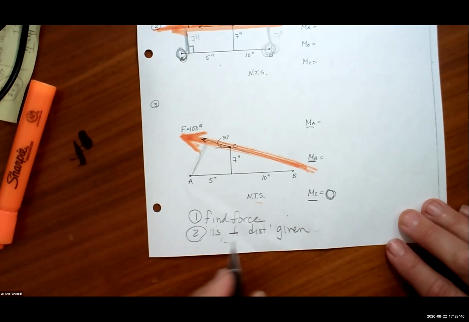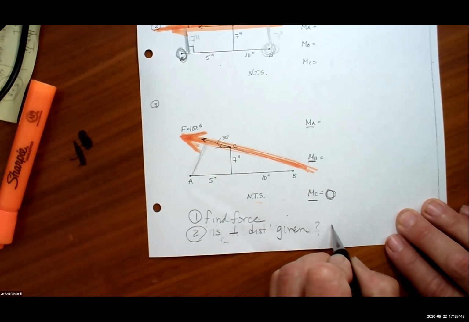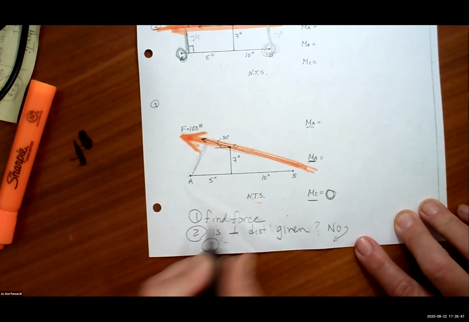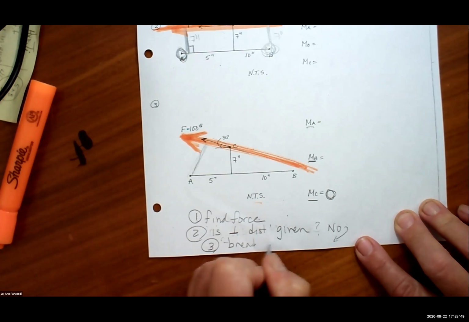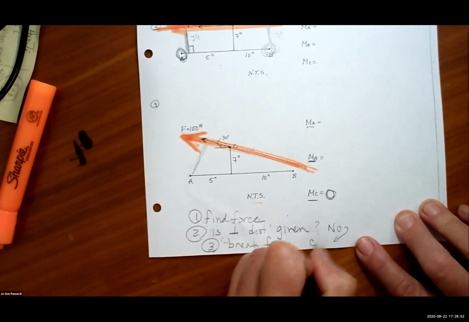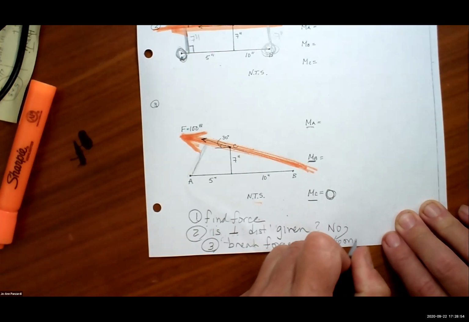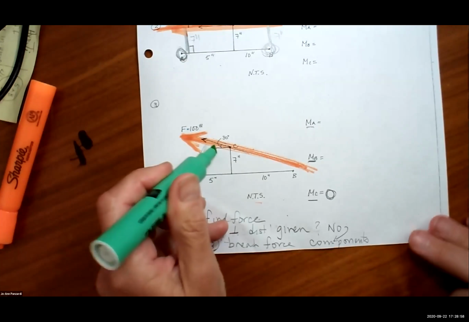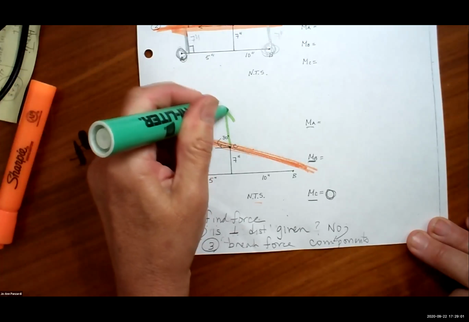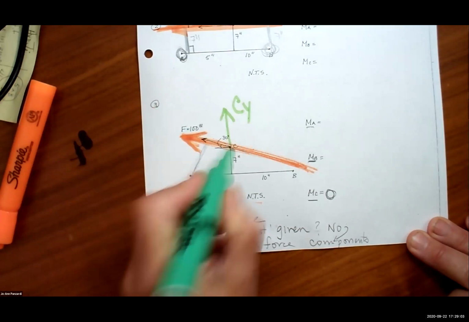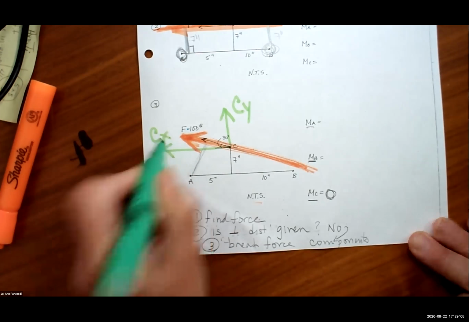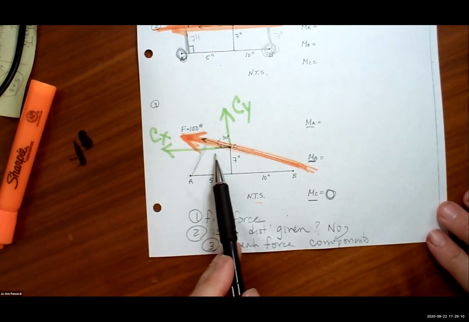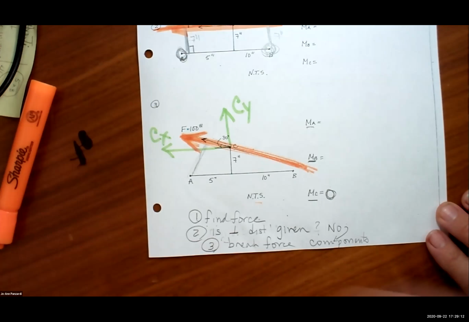Instead, if it's no, then the next step is to break the force into components. So I'm going to take this force now, and I'm going to find the CY component and the CX component. Because now, with the components, is the perpendicular distance given?